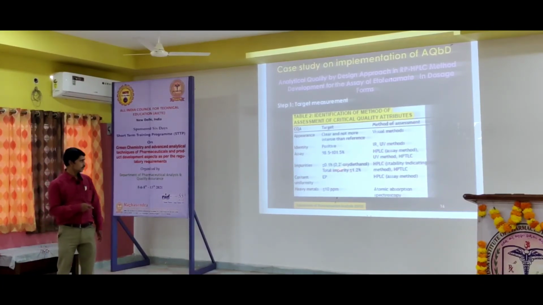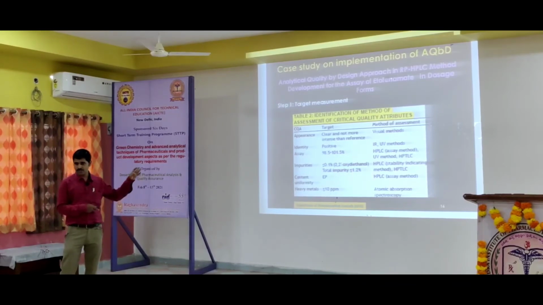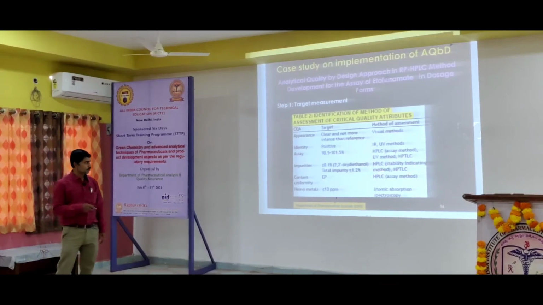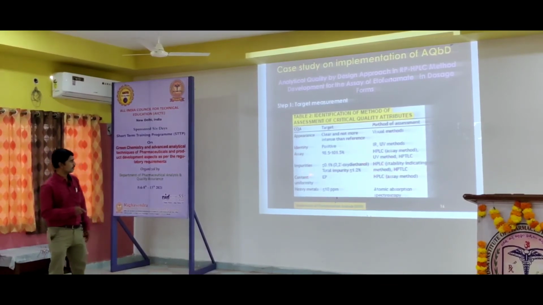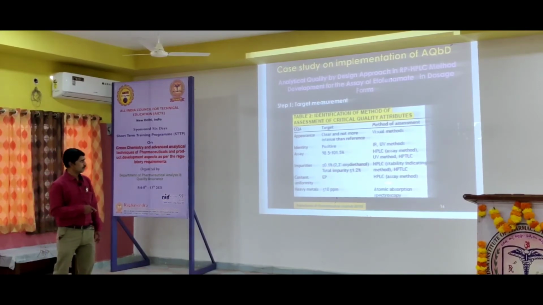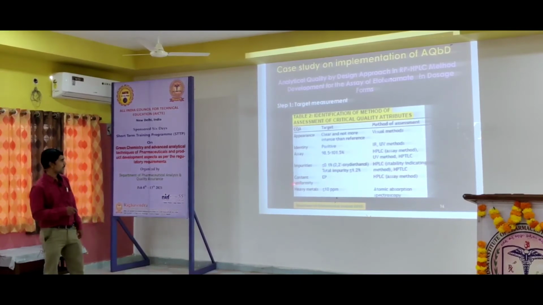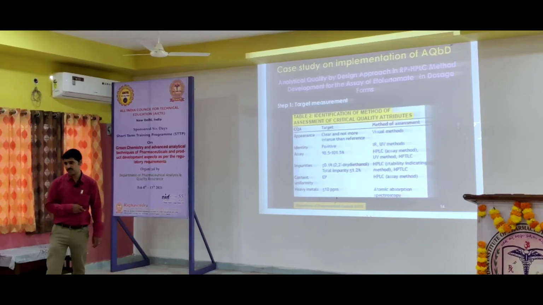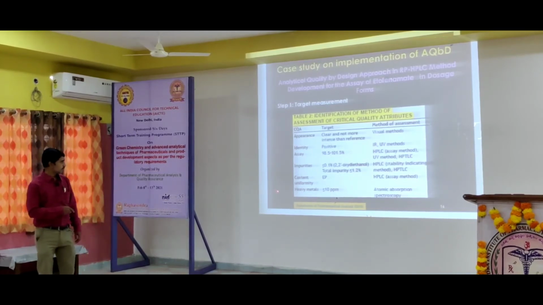Impurities should be less than the threshold level, and we have different types of impurities; that we can all do by the HPLC stability testing method. Content according to EP, IP or USP, according to which monograph you are following. That is the HPLC assay method, content uniformity. Heavy metals, of course, we use AAS, atomic absorption spectroscopy. But here, for assay, impurities and content uniformity, we are using the HPLC method.